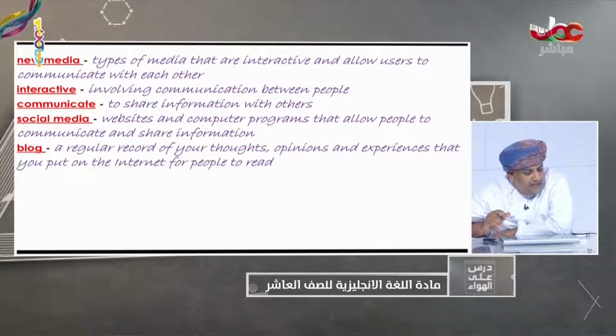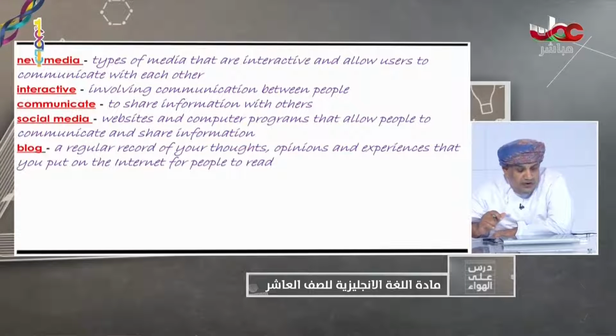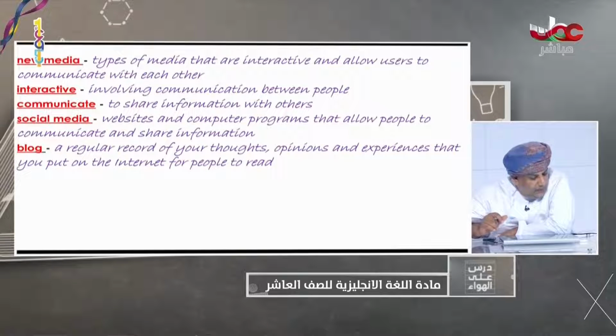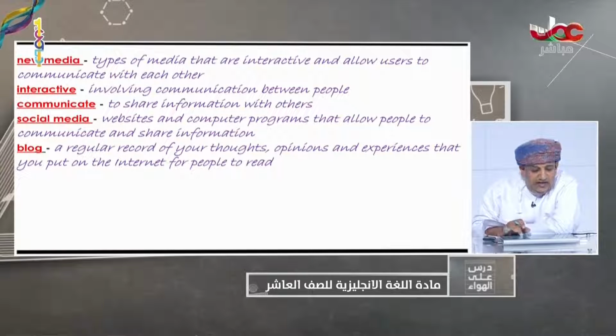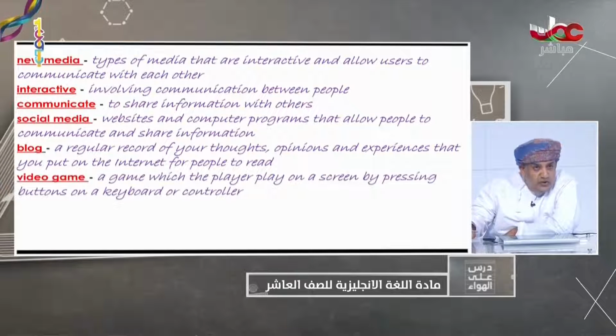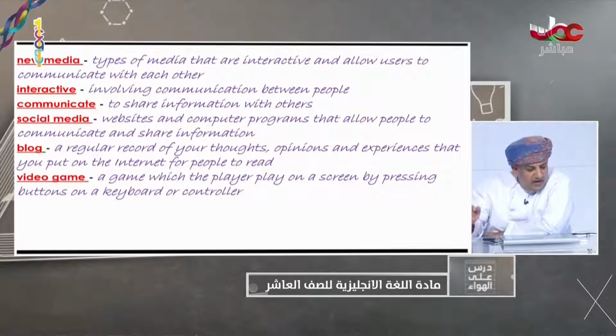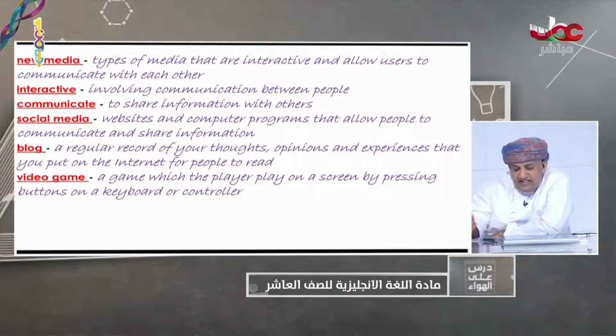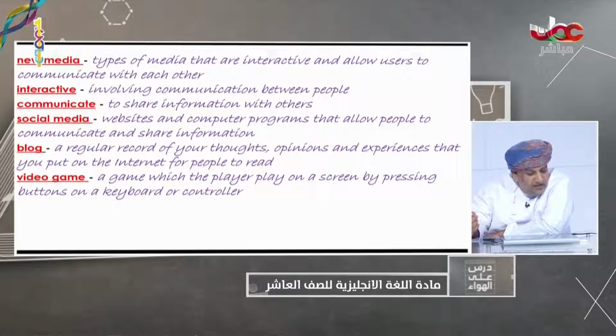Number 5, blog, means a regular record of your thoughts, opinions, and experience that you put on the internet for people to read. Okay. Number 6, video game is a game or type of game which the player plays on a screen by pressing buttons on a keyboard or a controller.